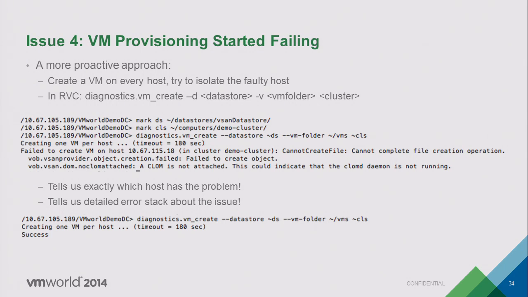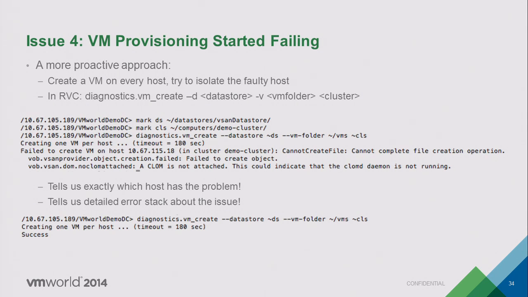So one simple trick, run a VM create on every single host and see if it's working. Obviously, there is a command that does this automatically for you. It creates a VM on every host, and it deletes it and tells you on which host that failed. So I ran that here in my cluster, and it told me something very interesting. It told me that it's working on 2 hosts, but it's not working on the 3rd host.